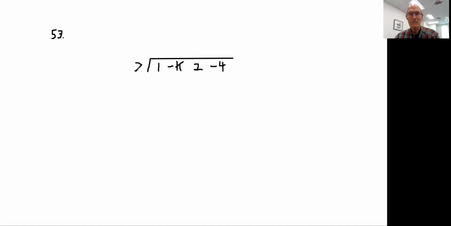Now, the problem says, what value do we have to make k to make 2 a root and x minus 2 a factor? So I'll show you, it's the same thing that we did before, except now in this case, I'm going to drop the 1 down, multiply by 2, so 2 times 1 is 2.